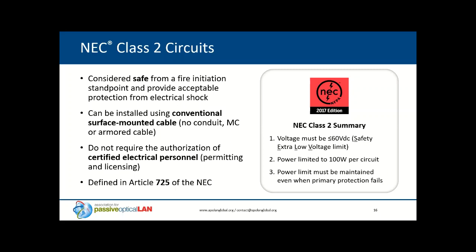Another takeaway from this and the NEC in regards to this Class 2 power is that your power level of that 100 VA or 100 watts has to be maintained when a primary protection device is bypassed.